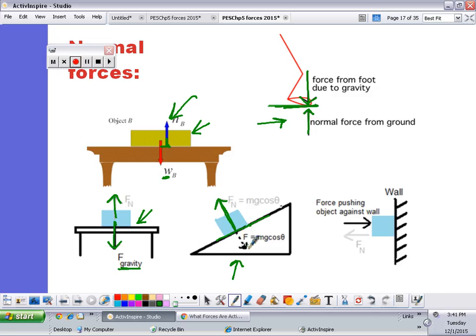The angle is going to still be perpendicular. So here on the wall, the normal force is perpendicular to the wall. So force pushing against a wall is shown here because gravity is going to pull down, not be sideways. So this is a force pushing, so it's a different, but still the opposing reaction force.